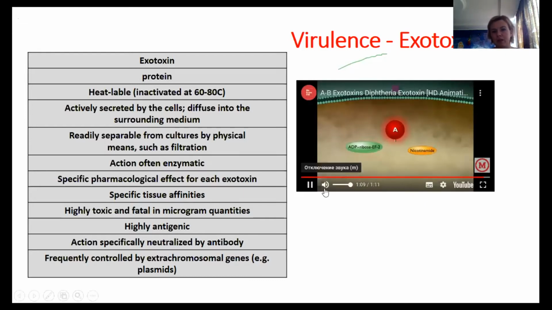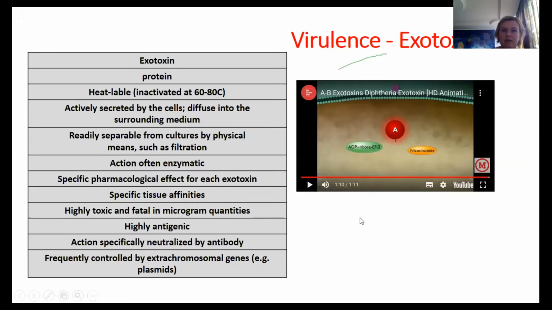Okay, and my conclusion: this exotoxin consists of two parts, A and B. A is the toxic part, which diffuses into the surrounding media after separating from the B part. B part is for binding with a receptor on the surface of the cell.